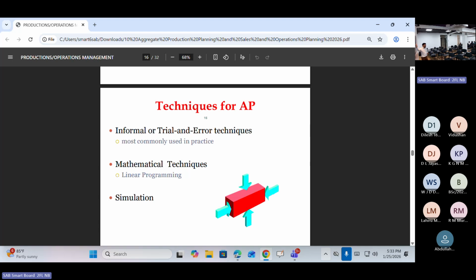The first one, the most commonly used technique in factories even today, is a kind of informal arrangement. We call it traditional informal techniques, or simply the trial and error technique. Right? This is most commonly used in practice. As the name implies, it is trial and error.